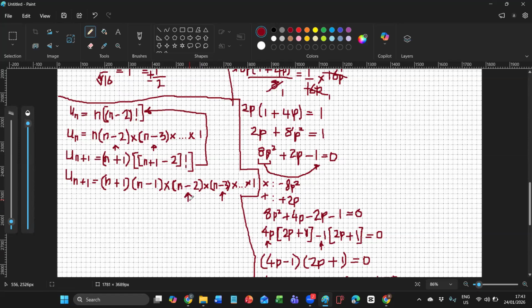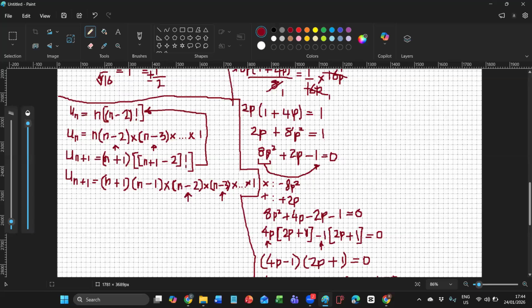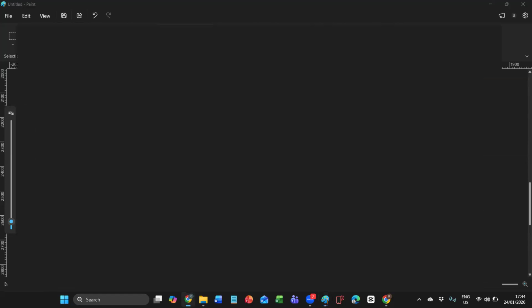Okay. So let me see. n, then n plus 1 into this factorial. Okay. So see what I want to do.